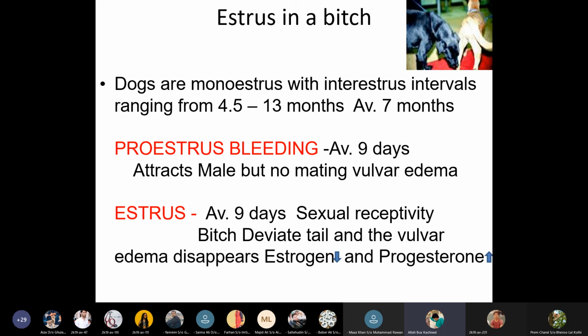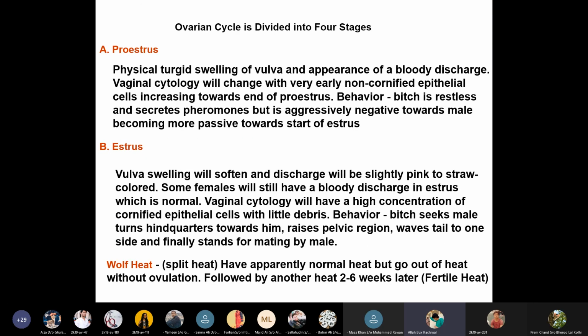The estrus lasts about 9 days, with sexual receptivity, during which the tail deviates and the vulvar edema disappears. Estrogen decreases and progesterone increases. Mostly the dogs are monoestrus, with an average interval of about 7 months.